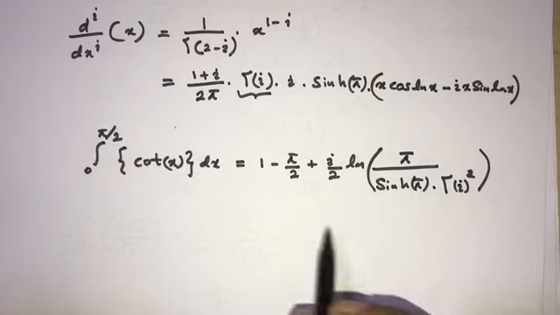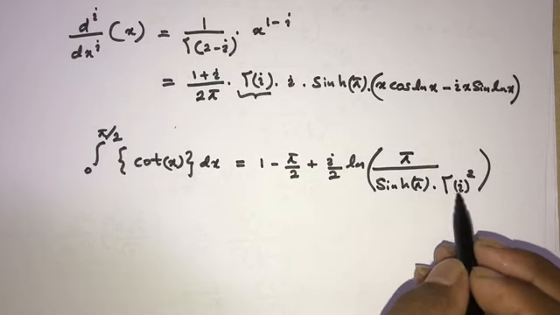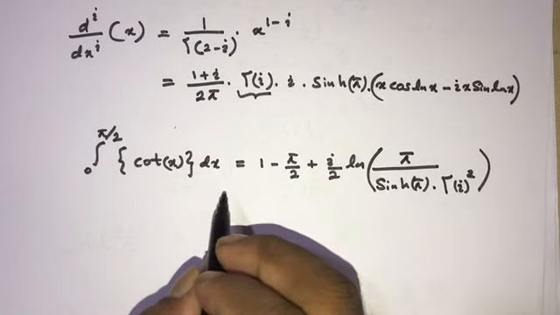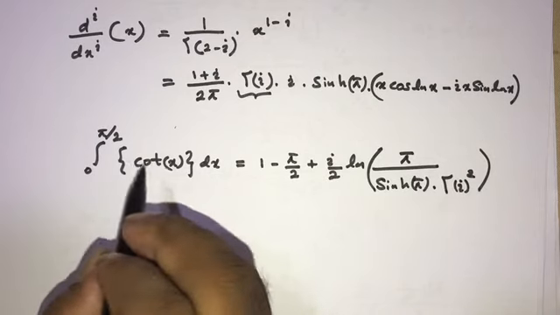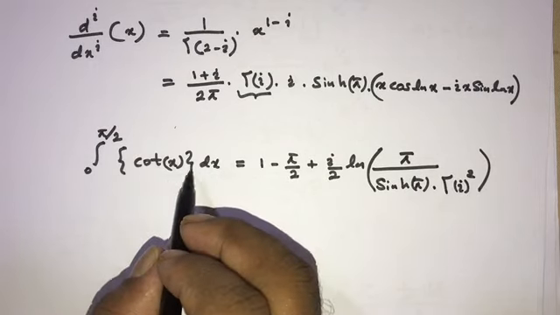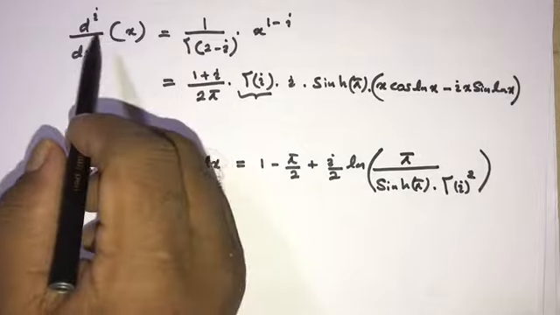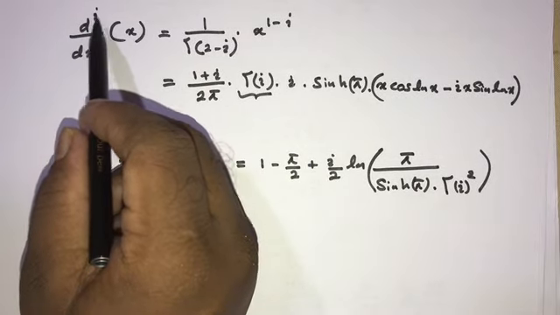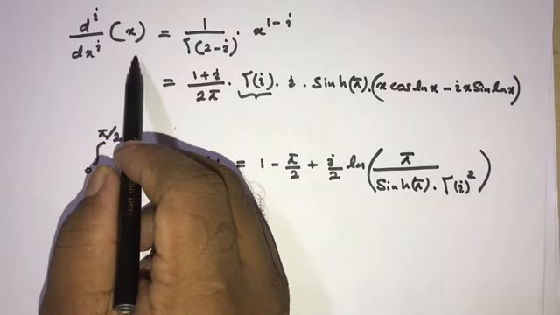If you want, you can evaluate gamma of i by this integral. Here the fractional part of cot of x, so here i is the derivative of x.